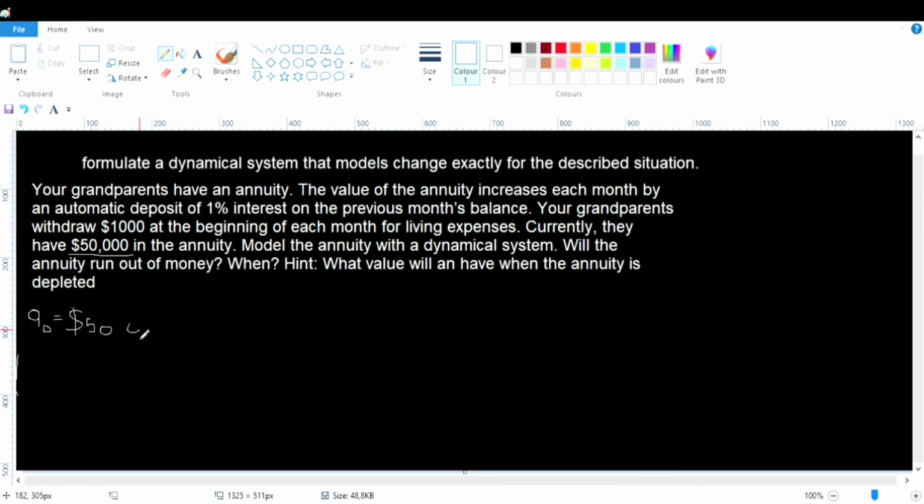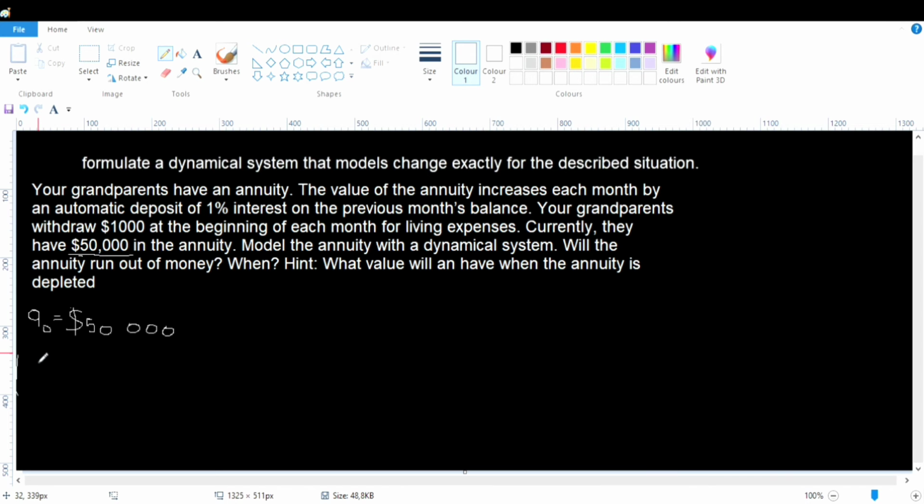This is our initial value. The initial value is the value that we start the scenario with. Okay, so this one is the first step. We identified the initial value.